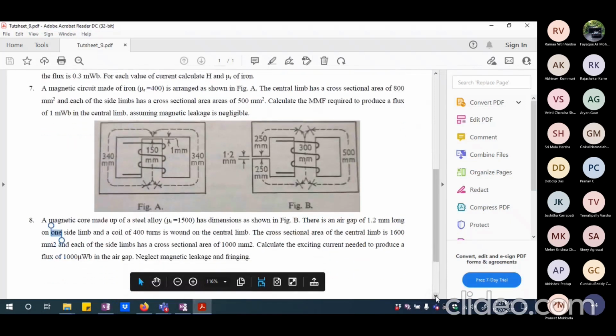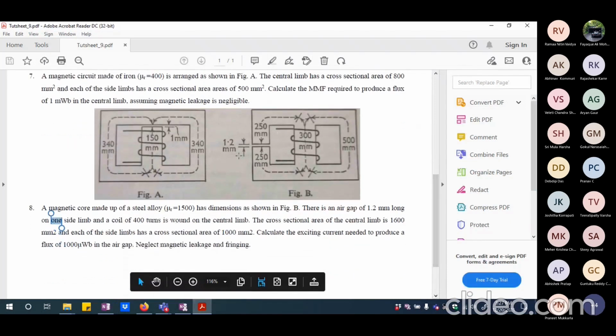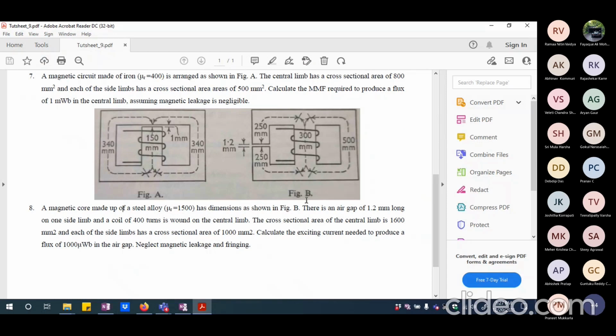Last problem, I'll quickly tell you the methodology and I want you to do it. A magnetic circuit made up of a steel alloy whose relative permeability is 1500 has dimensions as shown in figure B. There is an air gap of 1.2 millimeter long on one side limb and a coil of 400 turns is wound on the central limb.